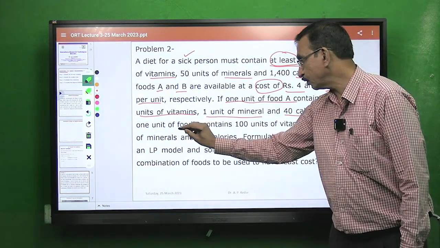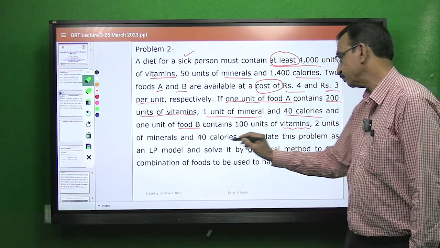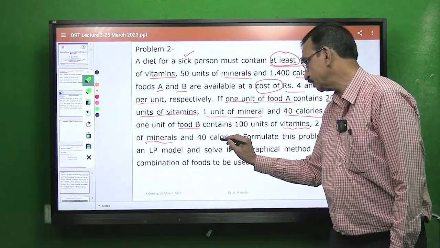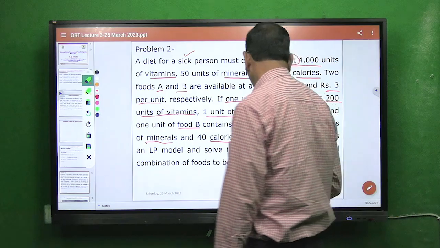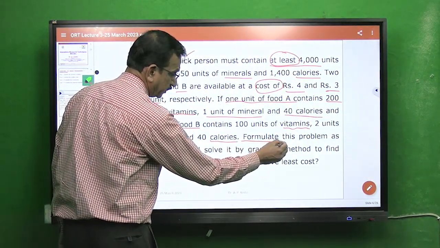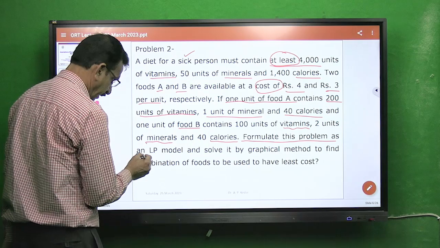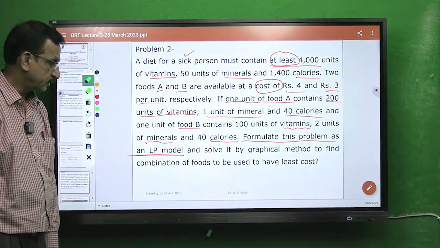Similarly, 1 unit of food B contains this much vitamin, this much minerals and this many calories. What is asked? Formulate this problem as an LP model, a linear programming model.